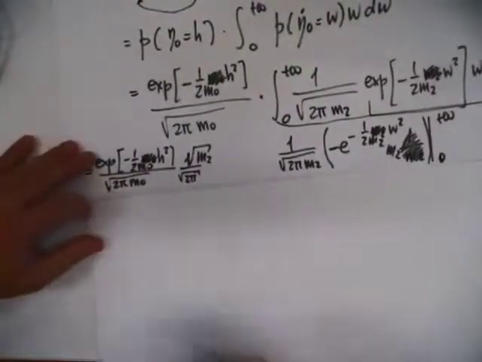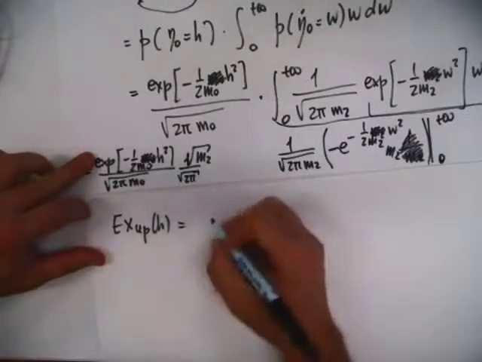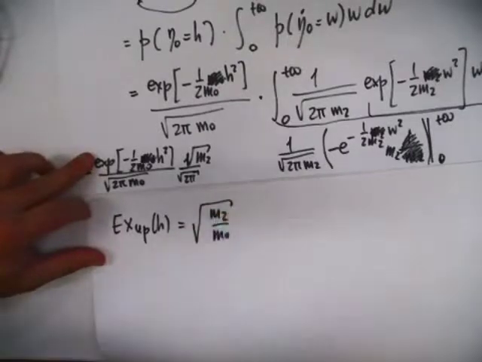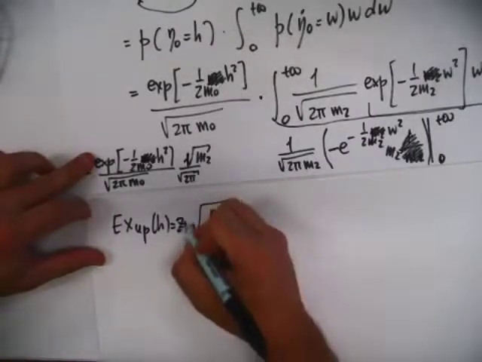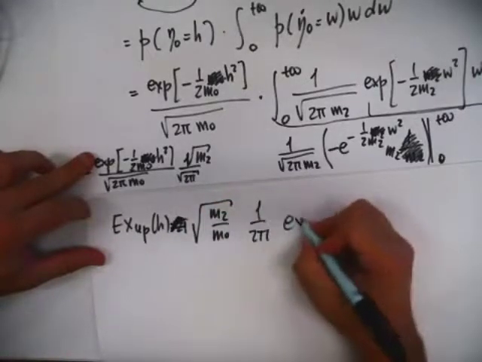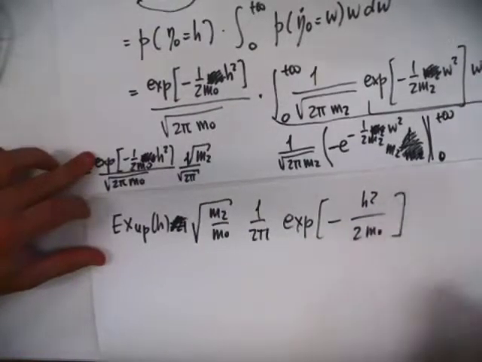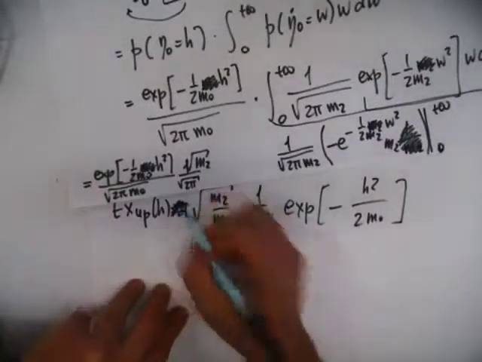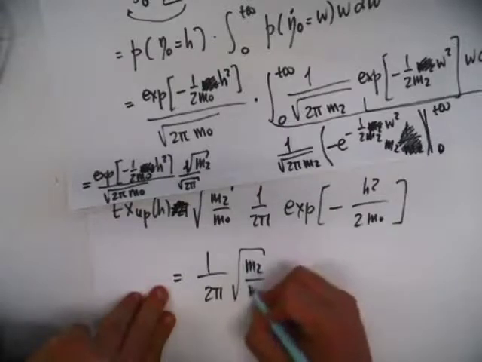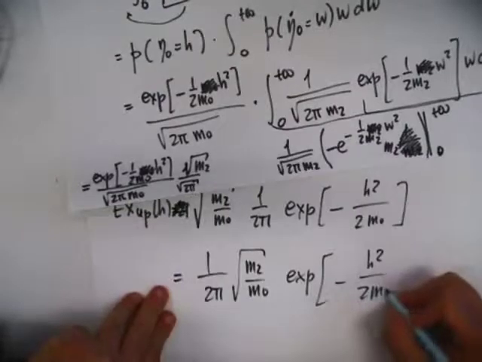And so the final formula is going to be the expected number of upcrossings of h equal to square root of m2 over m0, times 1 over 2 pi, exponential of minus h squared divided by 2 m0.